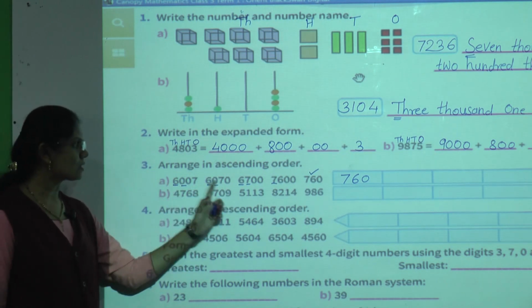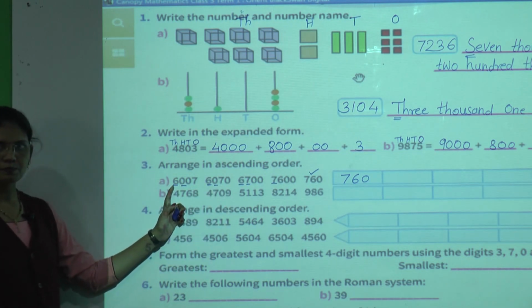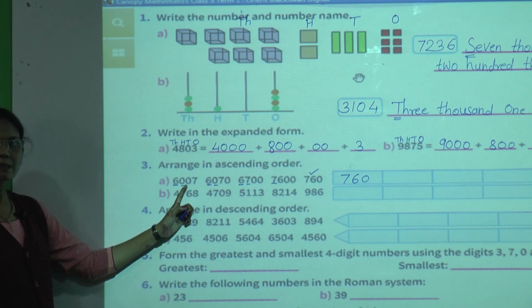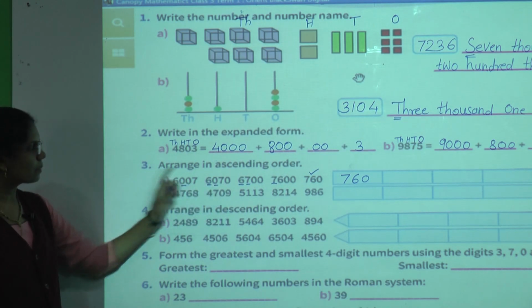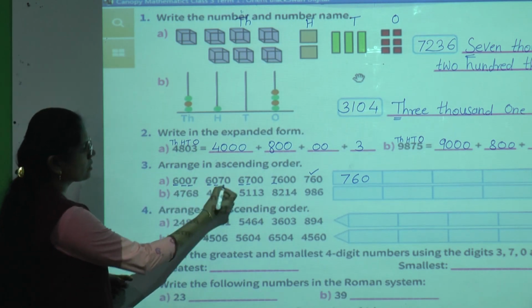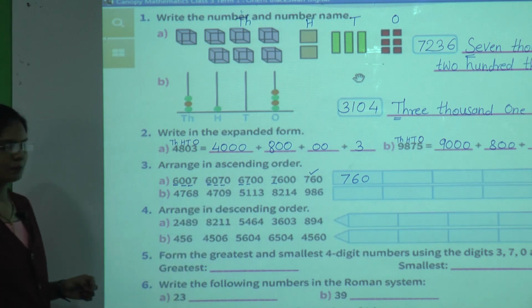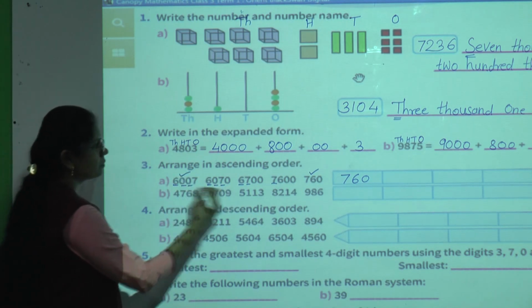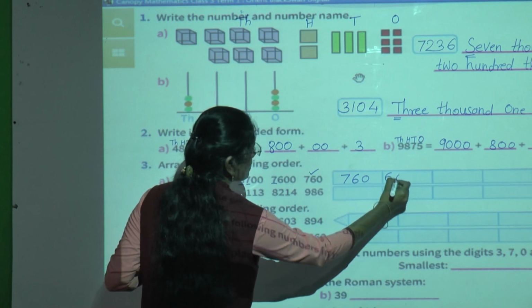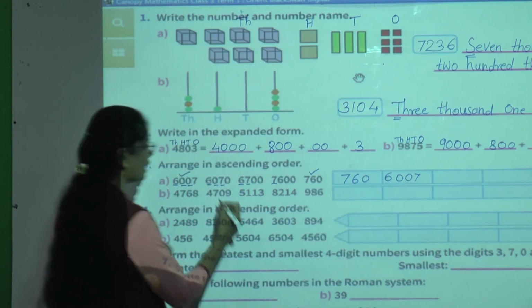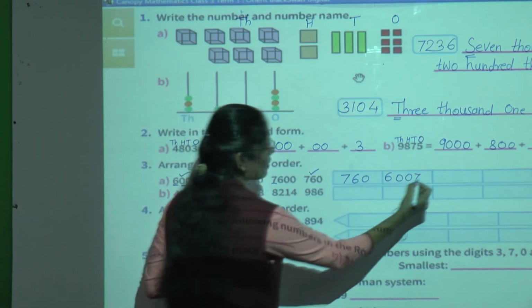Between these two numbers, which one is smaller? Yes, this number is smaller than 6070. Why? Because at tens place here 0 is there and here 7 is there. So this number will come first, 6007 and then 6070.